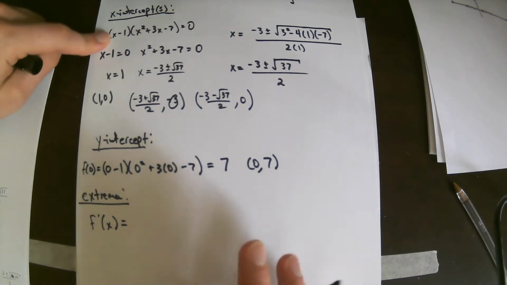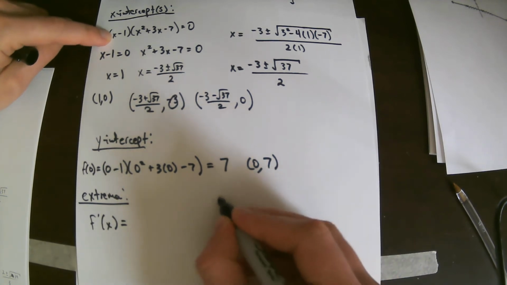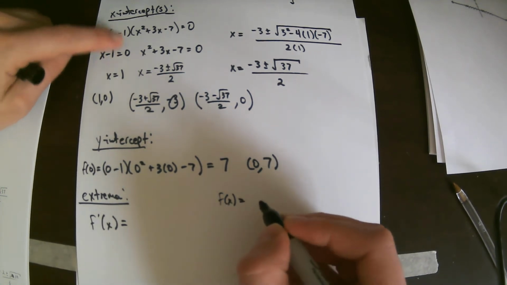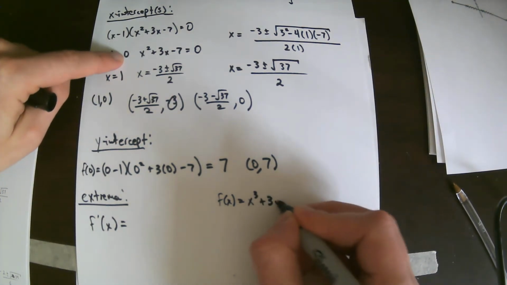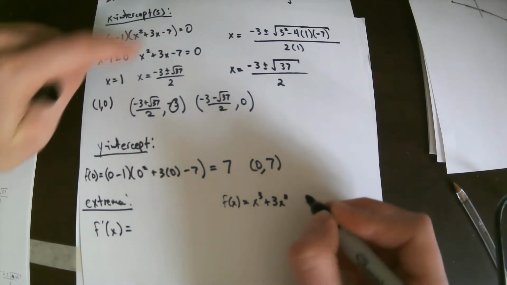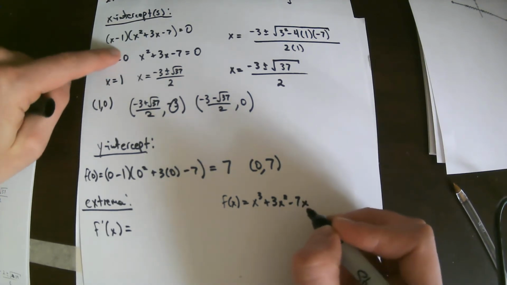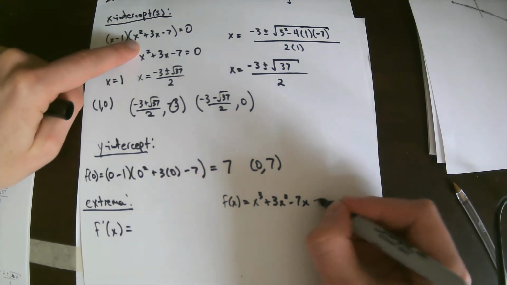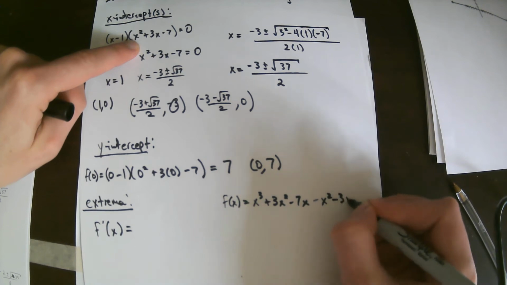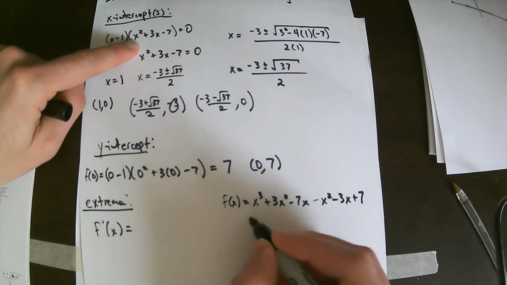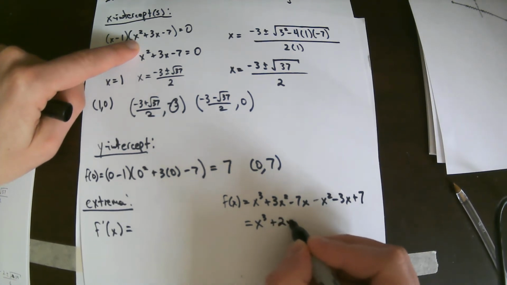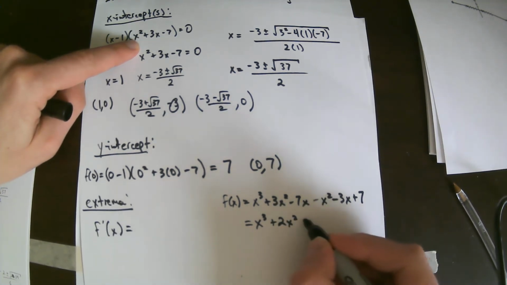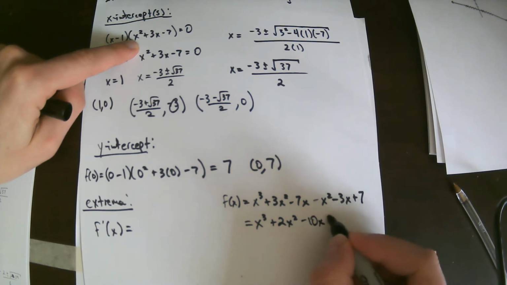So first let me say that f of x is x times all of this, that's going to be x cubed plus 3x squared minus 7x. And then negative 1 times all of this is going to be negative x squared minus 3x plus 7. Cleaning this up, I'm getting x cubed plus 2x squared minus 10x plus 7.